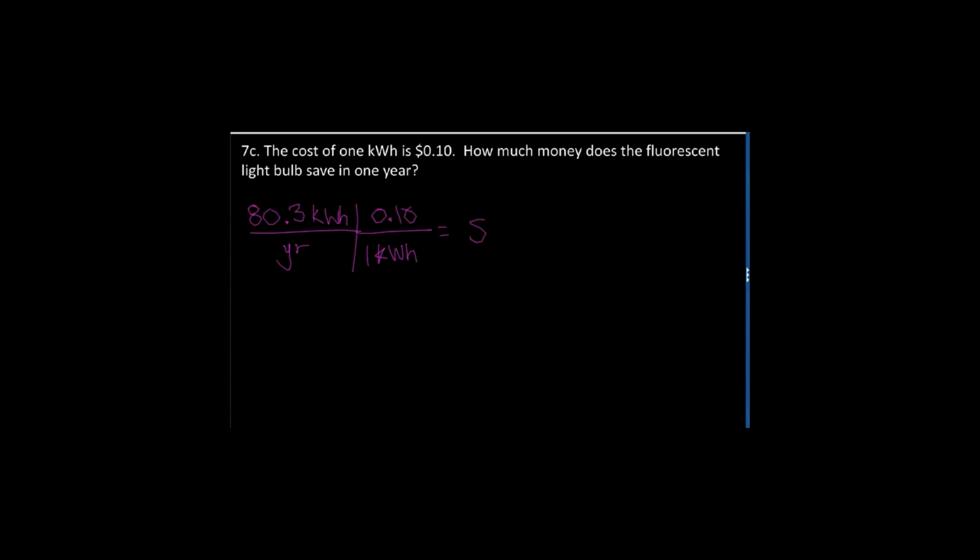And we're going to get $8.03 a year, which is nothing to sneeze at. If you have 50 light bulbs in your house and you convert, that would be 50 times 8, which is pretty significant savings.